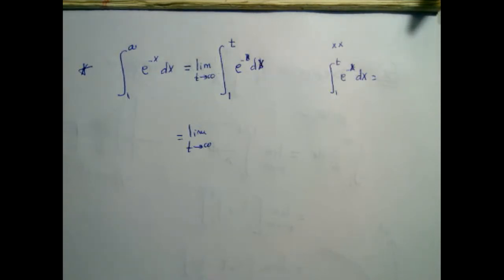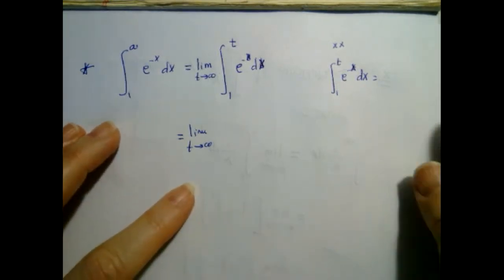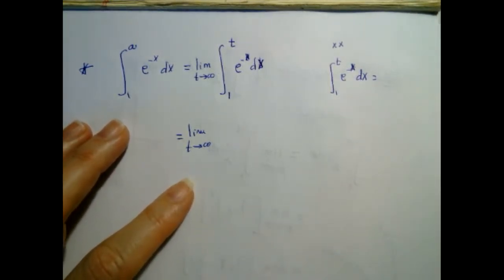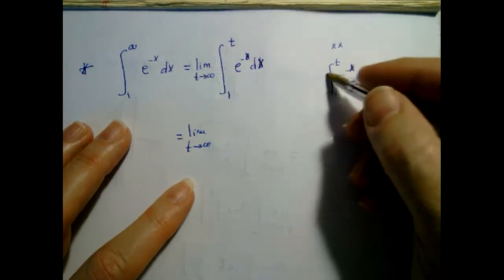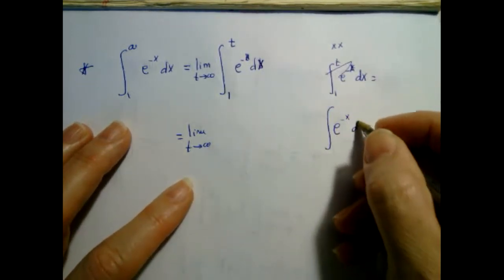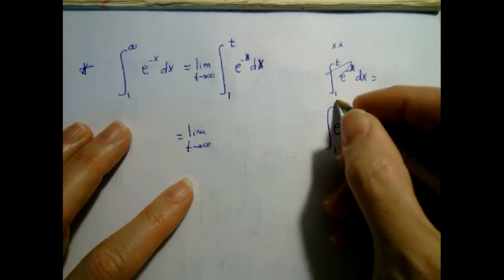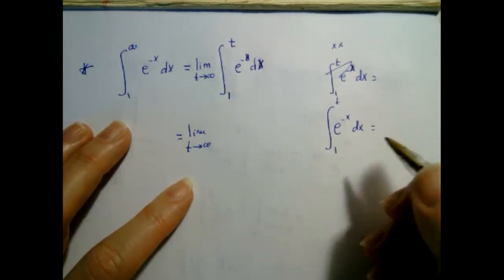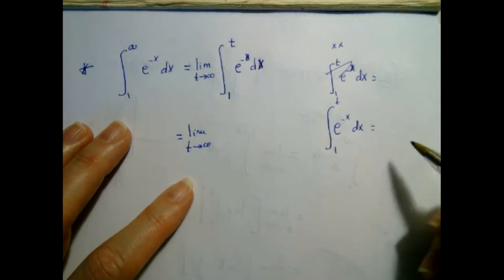Is it e raised to x? No. Or negative x? Yes. Let me write this: the integral of e to the minus x is equal to minus e to the minus x.